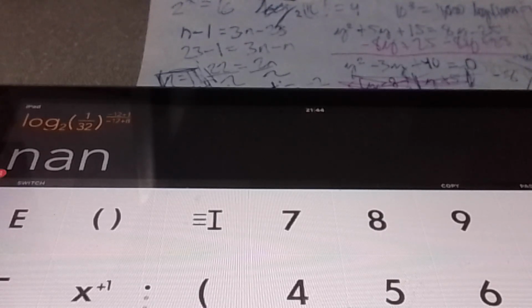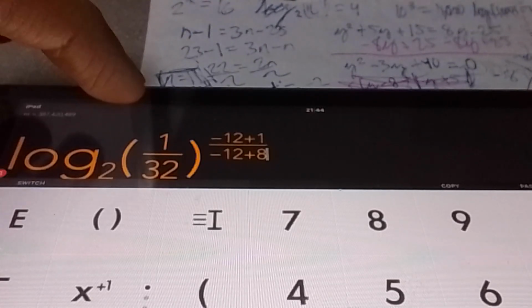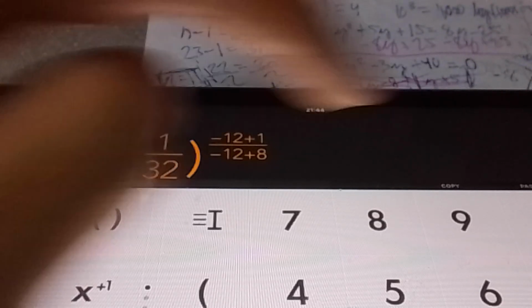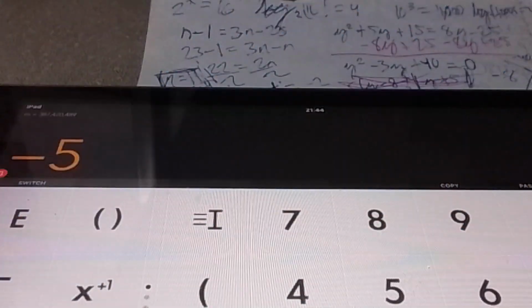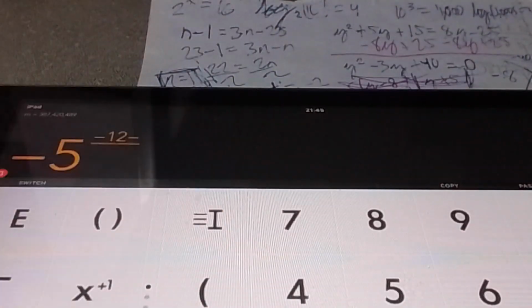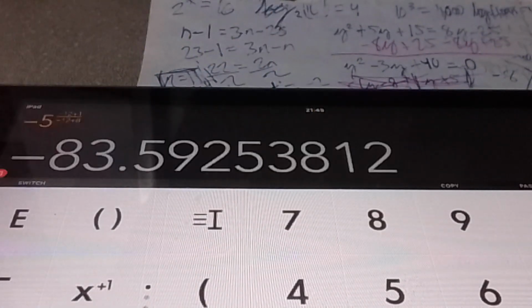If I remember, log base 2 of 1/32 is negative 5, right? So let's do it without the fraction first. Negative 5 raised to the negative 12 plus 1, over negative 12 plus 8.